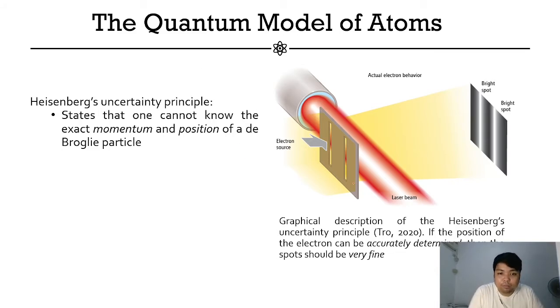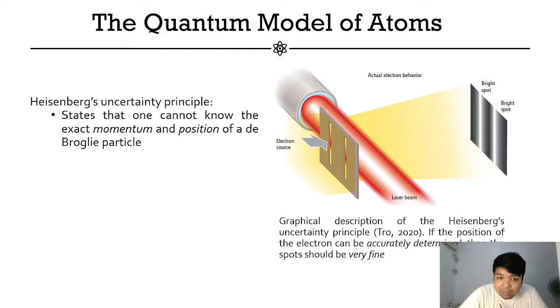We have our electron source here, which passes through the slits. Since it is a beam of electrons, it will pass through the laser beam.